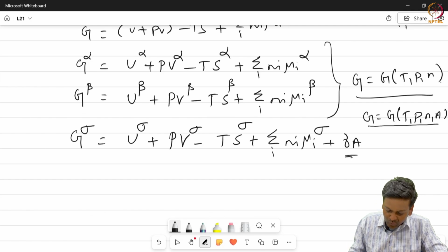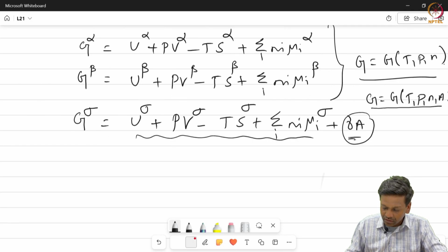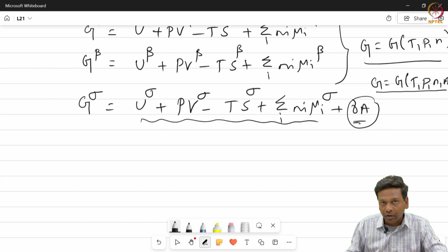If I look at these two phases, alpha and beta, these terms are quite common, whereas this one is distinct. This is only the case for the interface. So G sigma is very distinct for the interface.